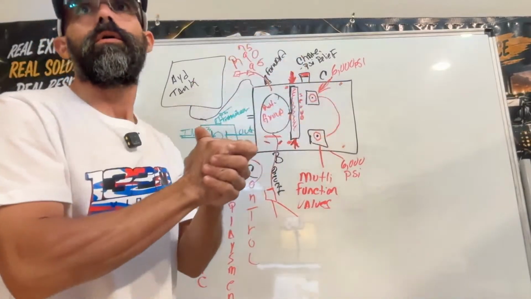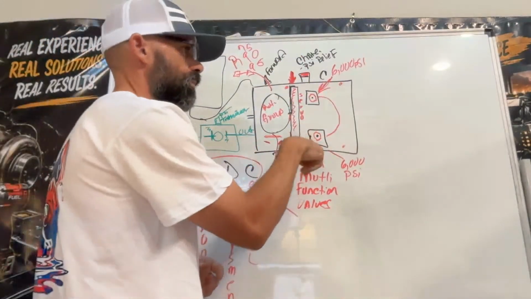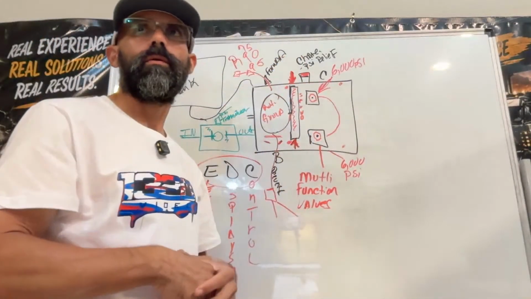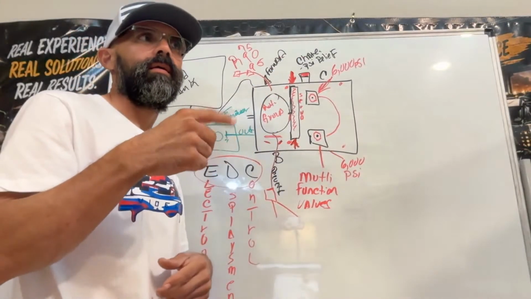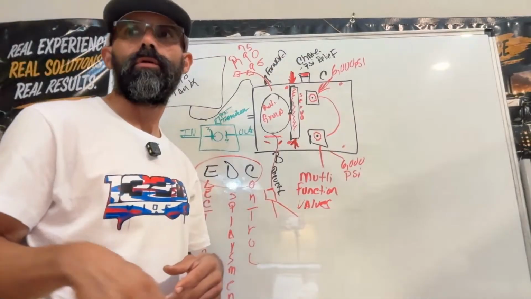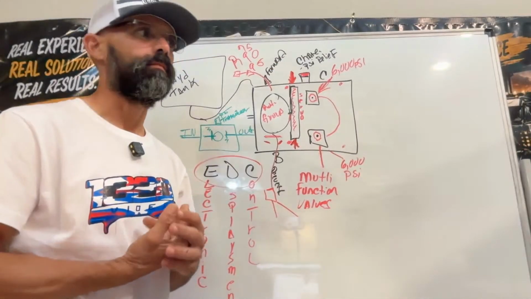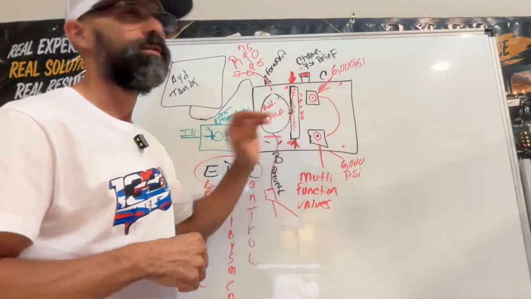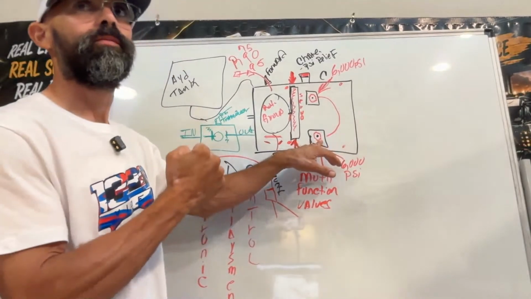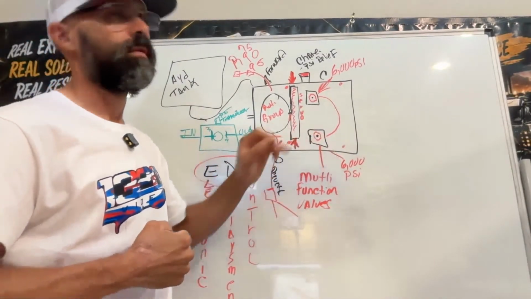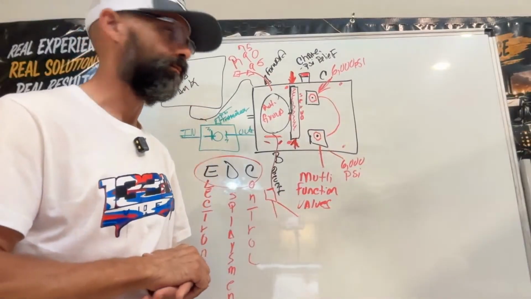That way, the set screw is not going to back out with vibration, and the jam nut is not going to get loose and then leak, because they do leak. If you don't tighten them enough, they do sip out a little bit of oil.